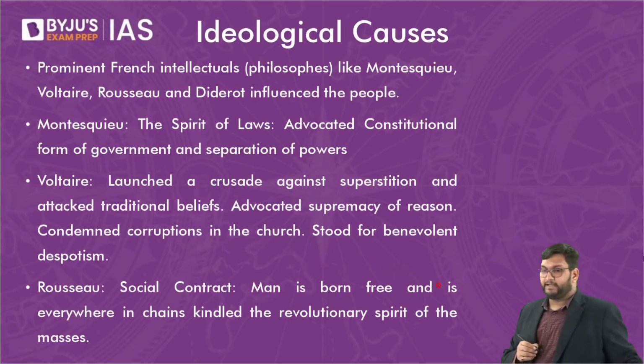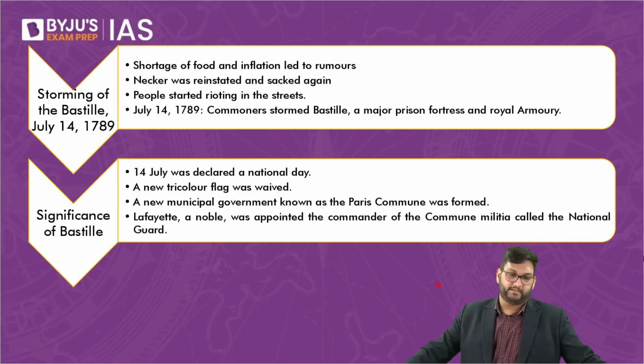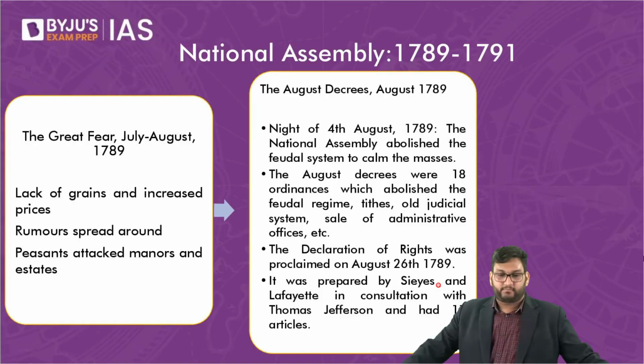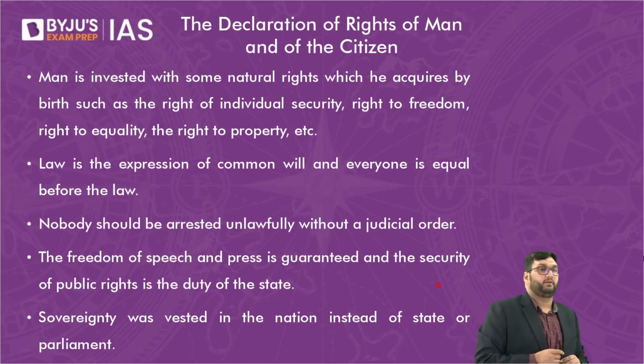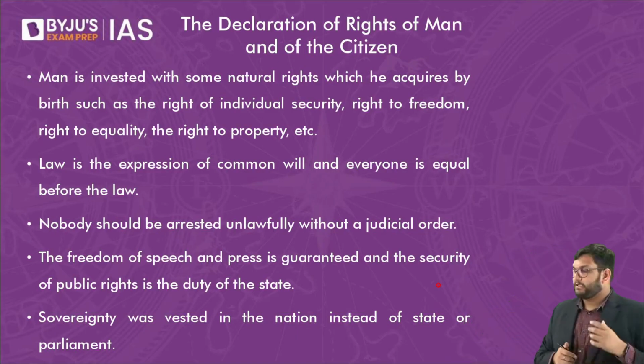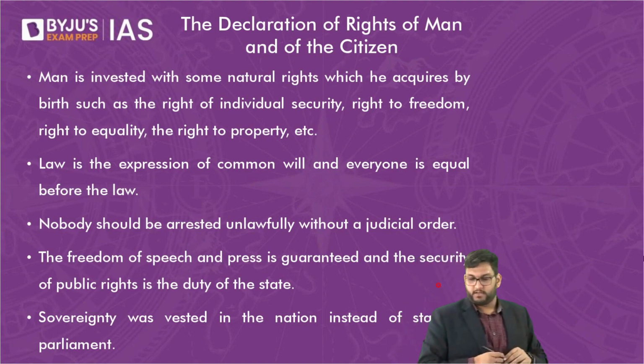Now, before I read it to you, what is Bastille? Bastille is the armory jail of France. 14th July. Okay. Now, I'll read the Declaration of Rights of Man and of Citizen. You just keep our Indian Constitution in the background and think of it.